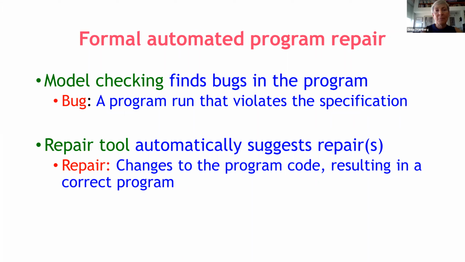I emphasize the formal part in the title of my talk, because many works on repair are based on testing, but in our case, we will base our work on specification and on formal verification techniques.